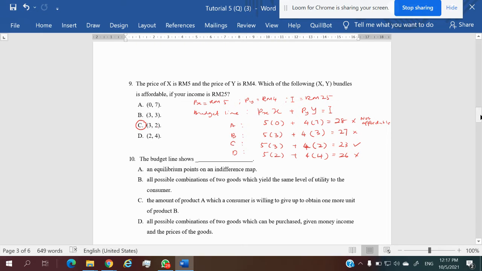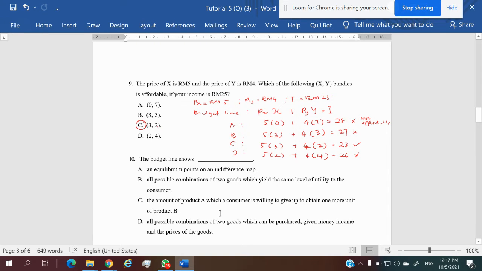Okay, now number 10. The budget line shows which one is the correct one. A, an equilibrium point of an indifference curve or indifference map? No. B, all possible combinations of two goods which yield the same level of utility to the consumer? No, this is for the indifference curve.